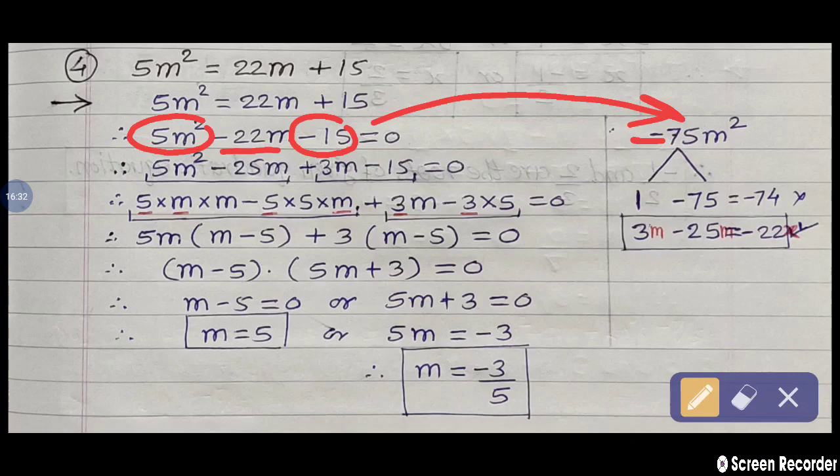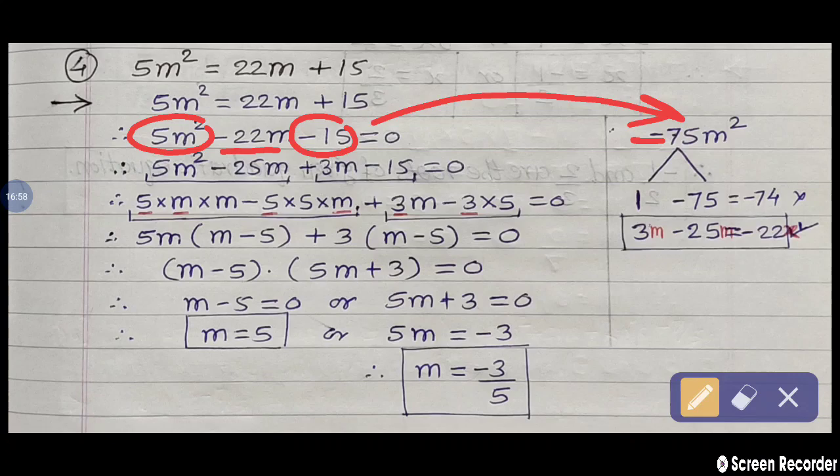So which rule? I think rule number 4. The bigger number has a minus sign. A plus number multiplied by a minus number gives the product minus, so minus 75m square here in this question. And the sum is minus 22. So obviously we get two factors and the bigger factor has a minus sign.